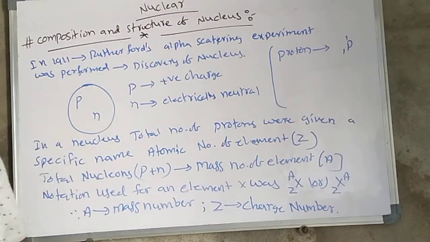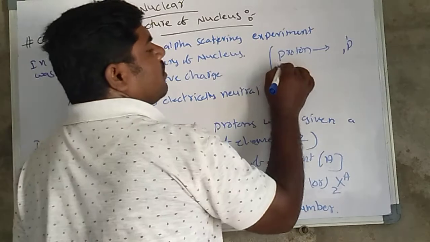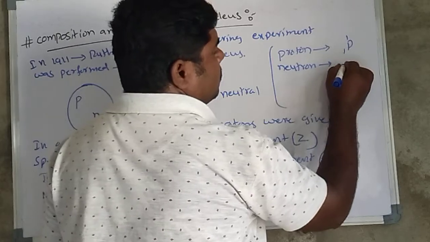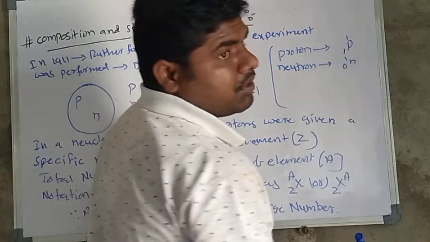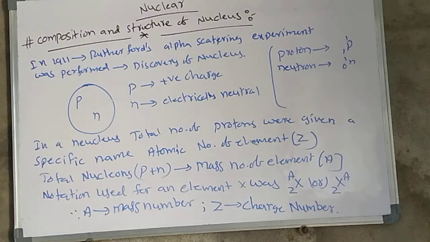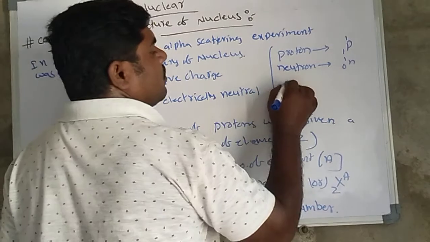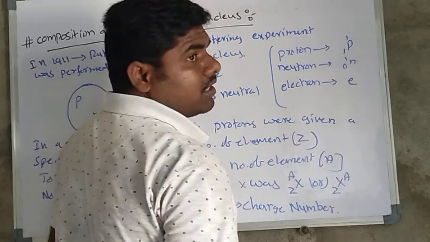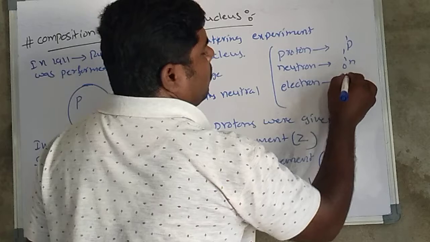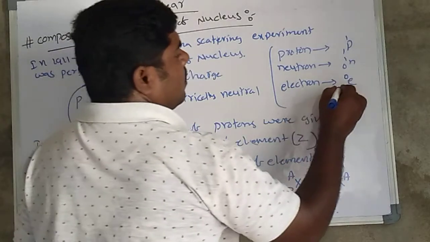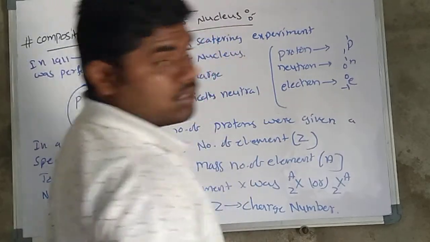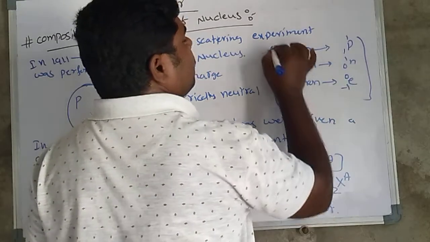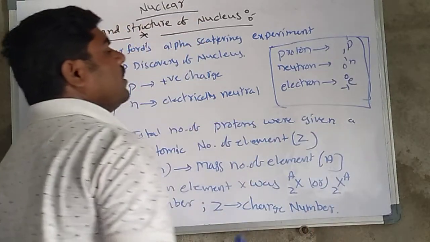The neutron has no charge, but mass number 1. And the electron is denoted by the letter E, with negative charge. This is the notation of the proton, neutron and electron.